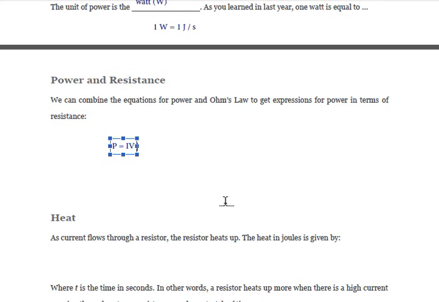We don't know the current. So we take Ohm's law, rearrange it so that it says I equals V divided by R, and then plug it in for I. So it would be V times V divided by R, or just V squared divided by R. So that's one substitution.